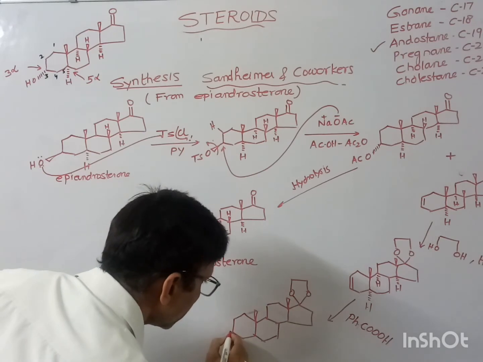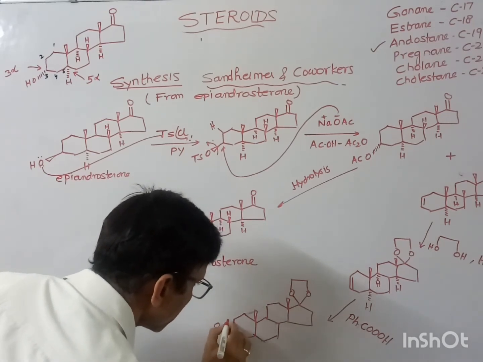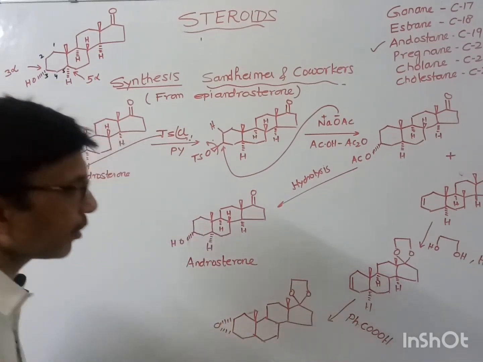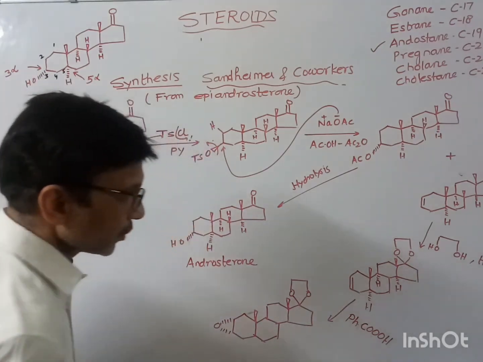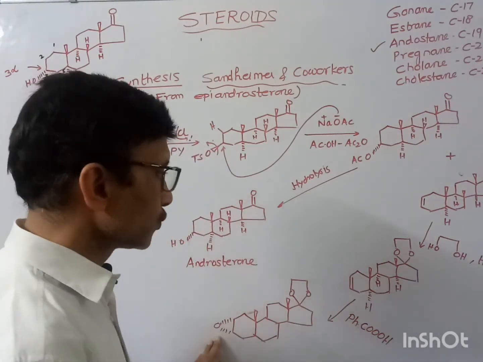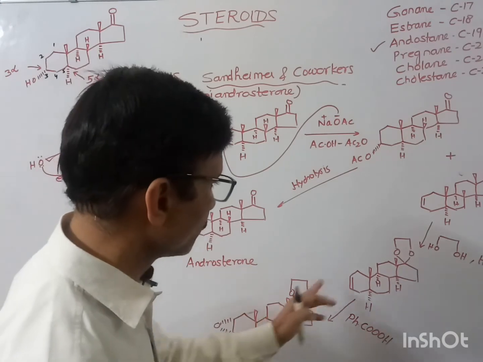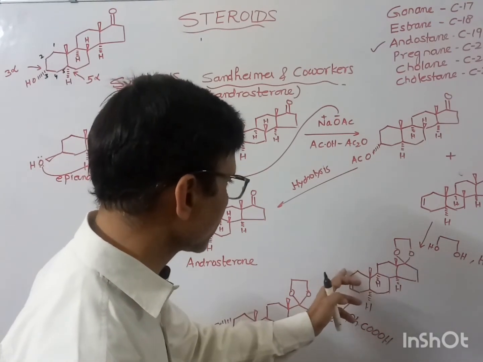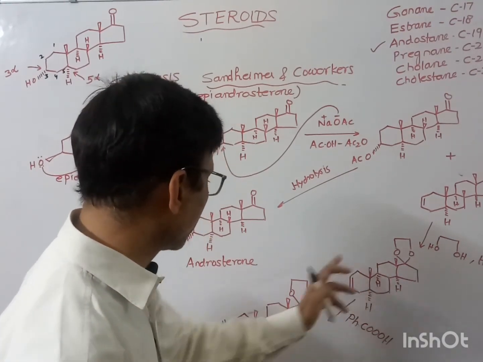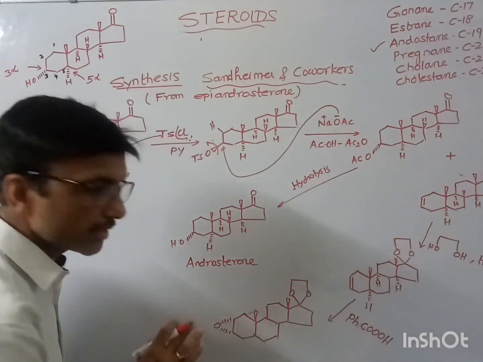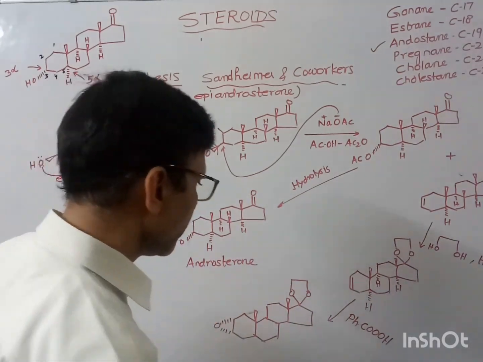So no doubt this epoxide ring would be formed below the plane. Okay, so the epoxide would be formed below the plane, because to prevent this 1,3-diaxial interaction, this epoxide will come from below the plane.